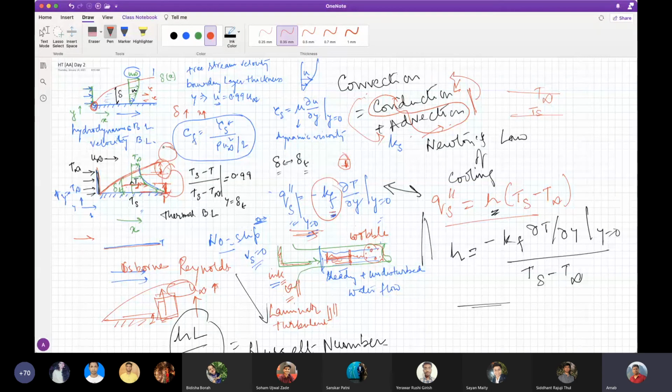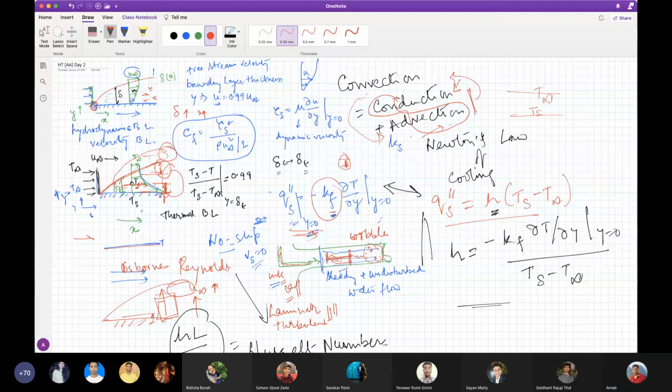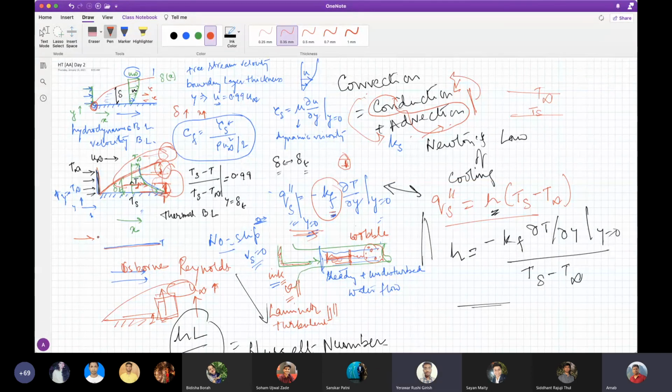So if you consider the whole fluid movement on the surface, you have the bulk movement consideration as well as the conduction near the surface. Is it clear? Yes, sir.